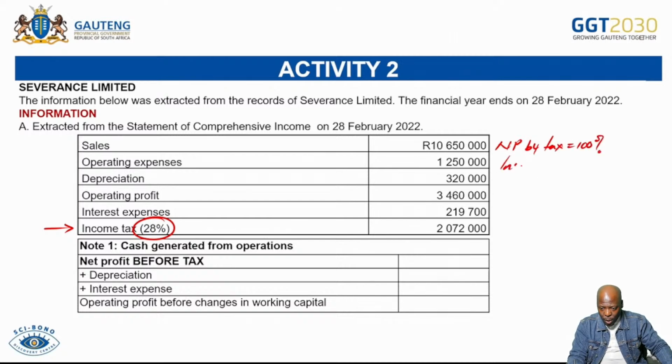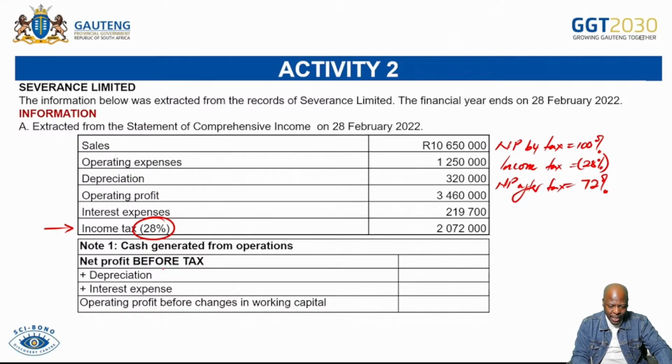But you also get income tax, and in this case, your income tax is 28%. Then you get your net profit after tax. So that is 100 minus 28, that gives you 72%. So net profit after tax is 72%.